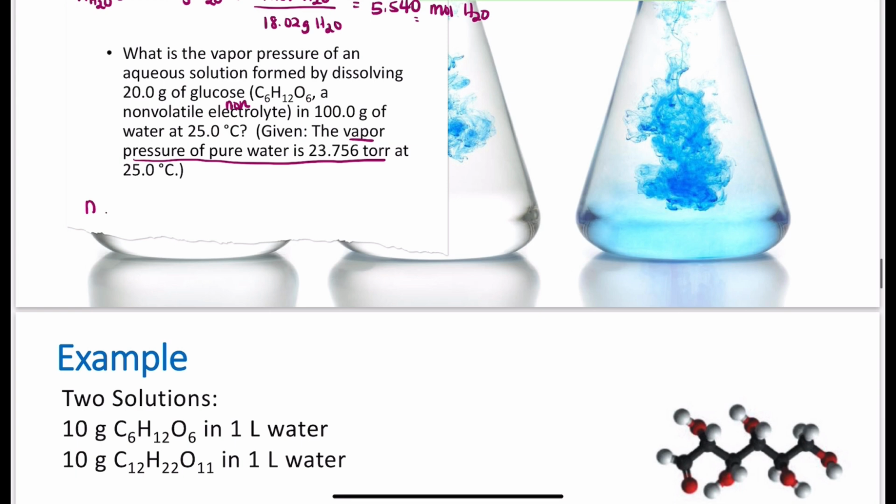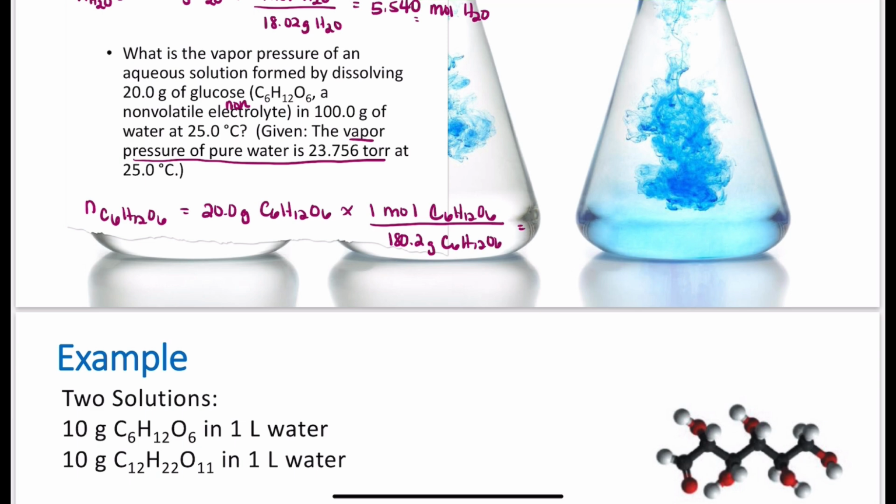If I look at the moles of glucose, C6H12O6, I have 20 grams of glucose. I know that 1 mole of glucose is 180.2 grams. Why do I know? Because I can add up the molar mass. And this is going to give me 0.110, 3 sig figs, moles of glucose.